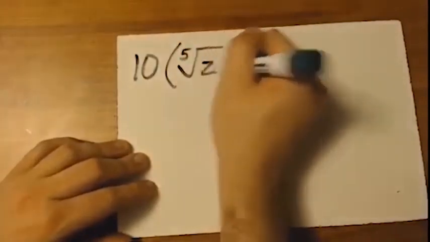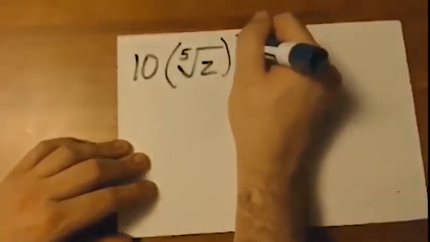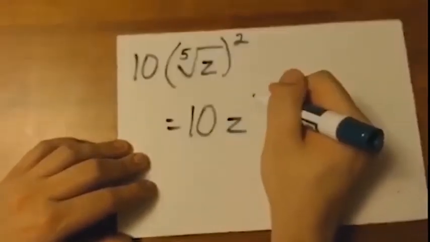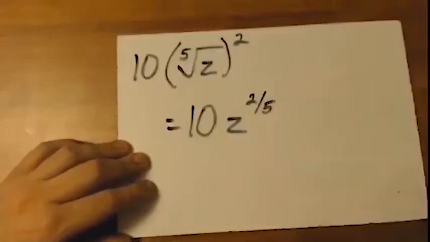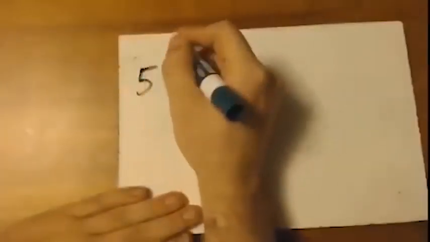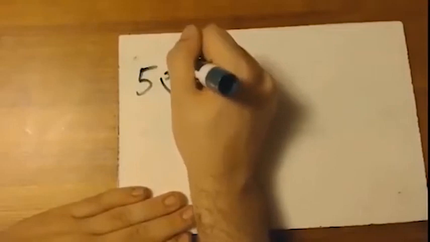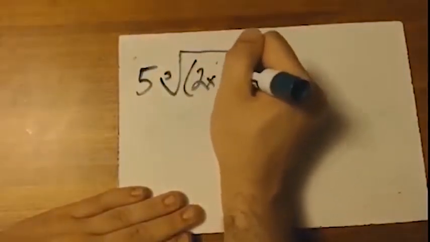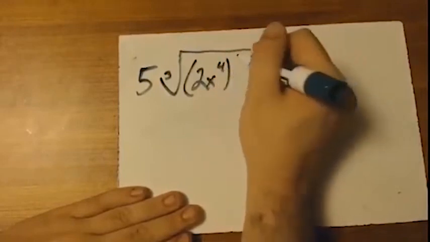10 times the 5th root of z squared, z to the power over root, 10z to the 2/5. 5 times the cube root of 2x to the 4th to the 7th.